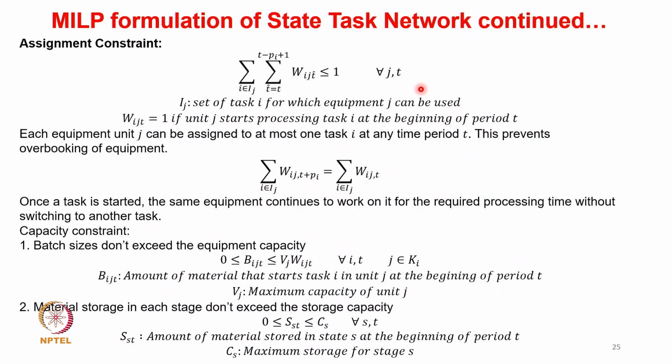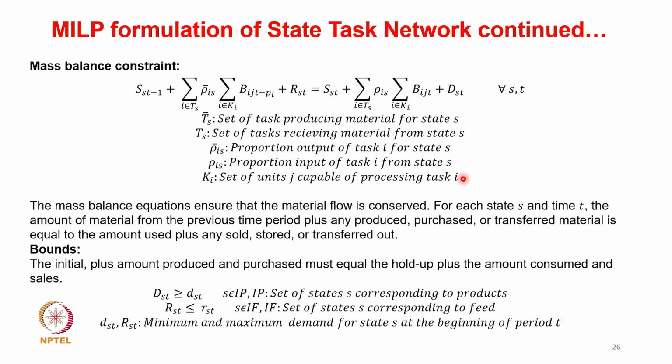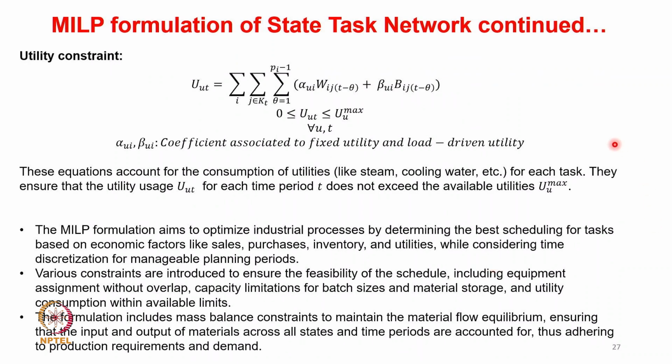You have an assignment constraint that takes care of overbooking, and another constraint that helps with continuous processing without breakage of a particular process, and bounds on capacity, batch sizes, material storage, material balance constraint, and bounds on total amounts produced plus purchased, and also on the utility. These are all the constraints, everything written as a linear function.